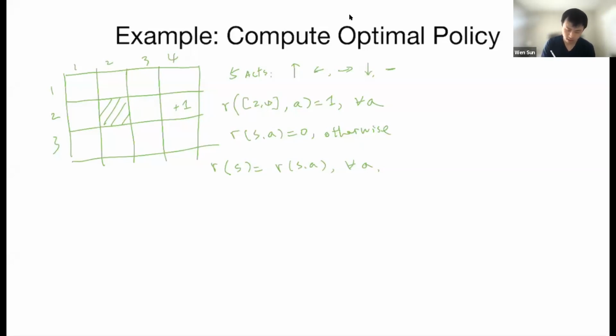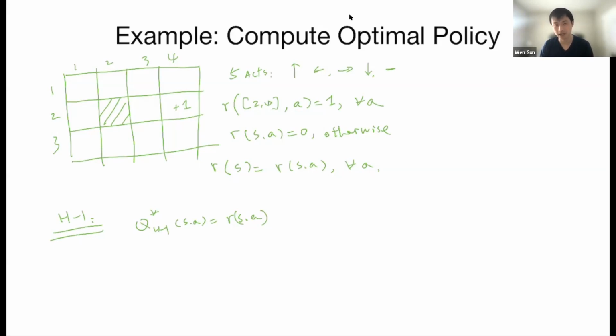So let's use this example to show how we can compute the optimal policy and the optimal value functions. As usual, we're going to start from the last time step, capital H minus 1. We convinced ourselves that Q star at H minus 1 of (S, A) is just R(S, A), because at the last time step you only have one more step to go, and the Q function is basically the reward function.